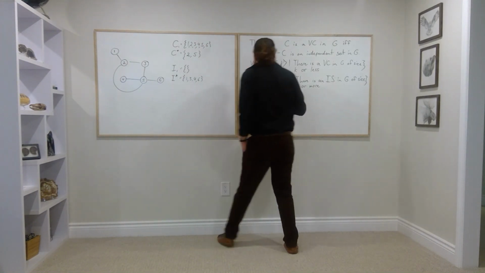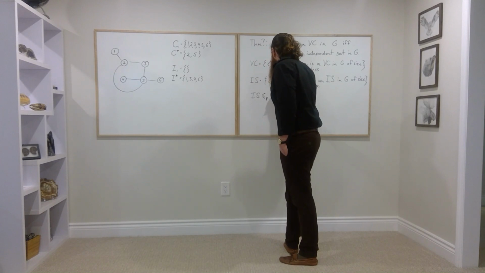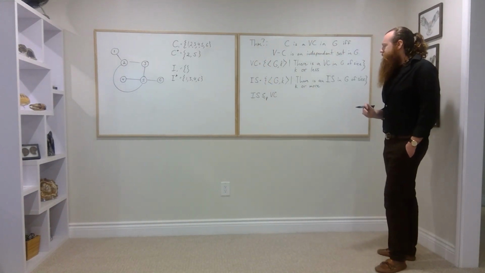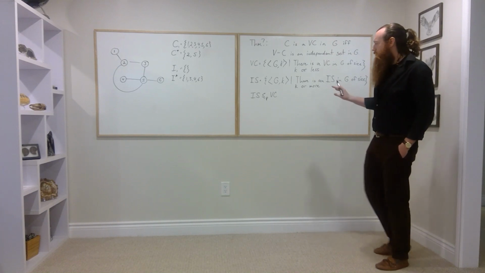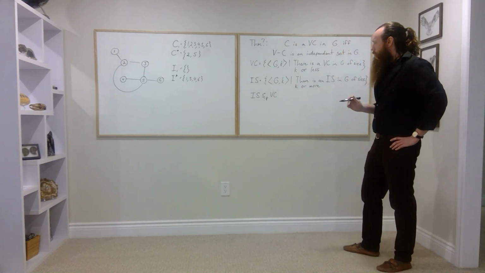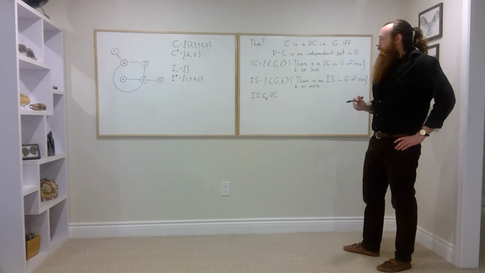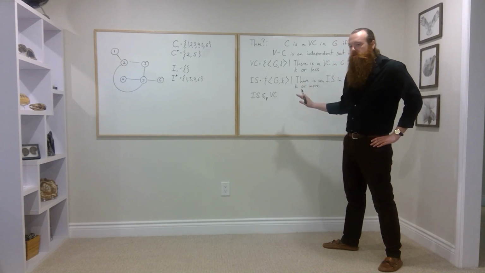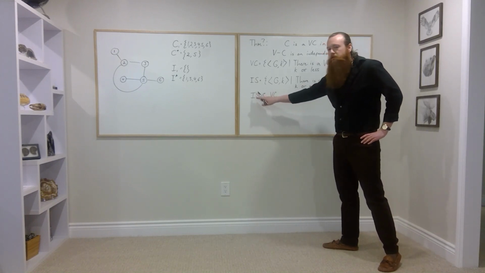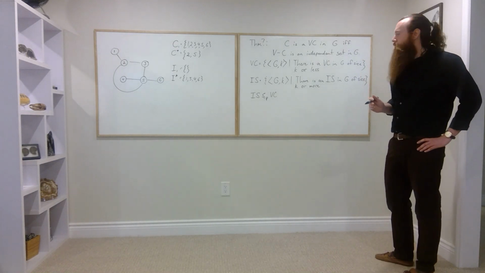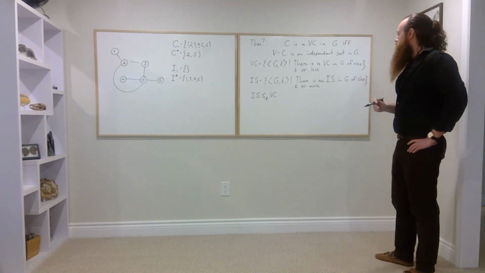So we'd write something like this. Independent set reduces to vertex cover. This is what we want to show. And if we show this, this means vertex cover is at least as hard to solve as independent set. In other words, if I can come up with a polynomial time solution for vertex cover, and I know a reduction from independent set to vertex cover, then I get a polynomial time solution for the independent set problem for free.